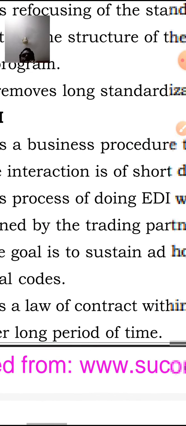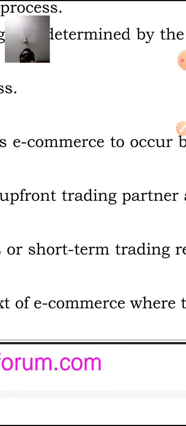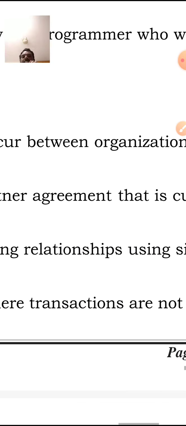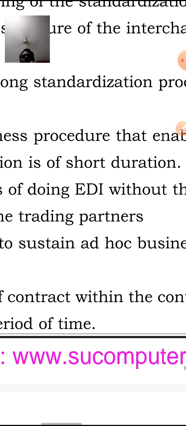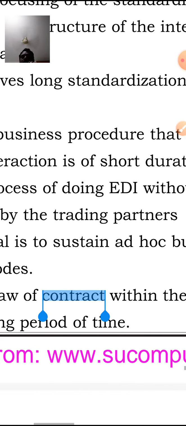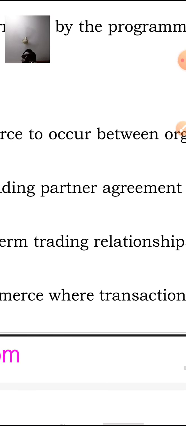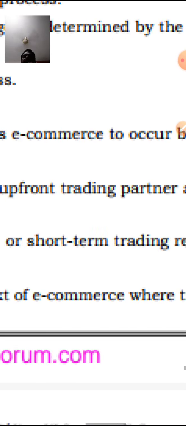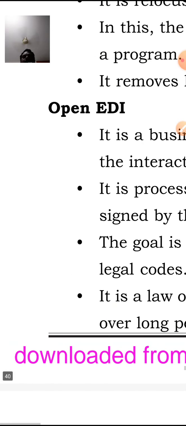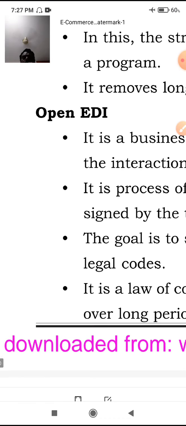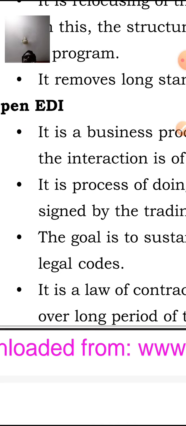It is a process of doing EDI without the upfront trading partner agreement that is currently signed by the trading partners. That means that normally an agreement is already made between the two business organizations.